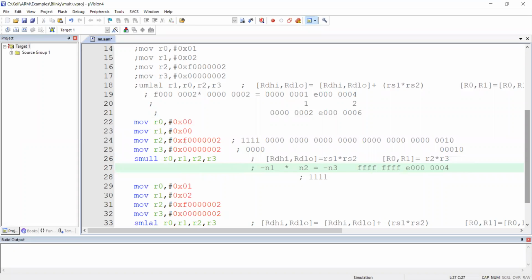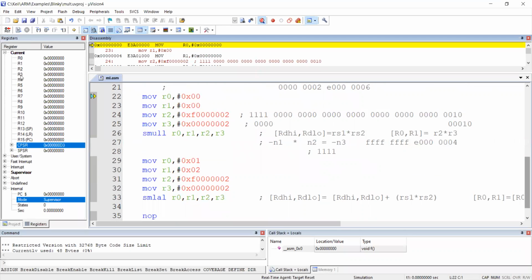Just now I explained that I took two numbers. I am going to reserve R0 and R1 for my values that are already present. We are taking these two because we are sure the product of this and this is not going to be stored in only one register, so we are taking two. Let's see now.